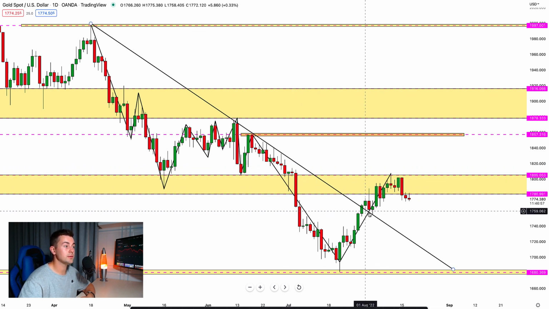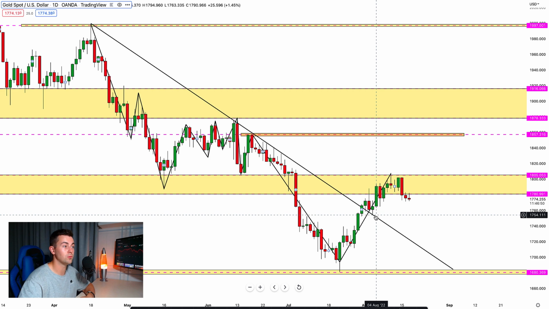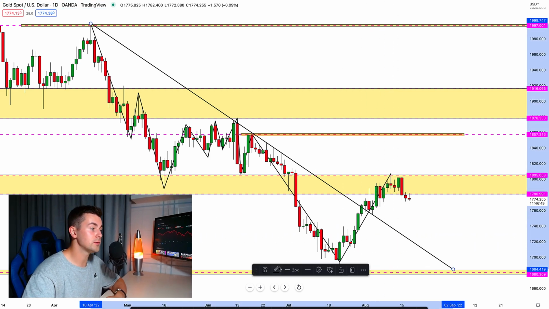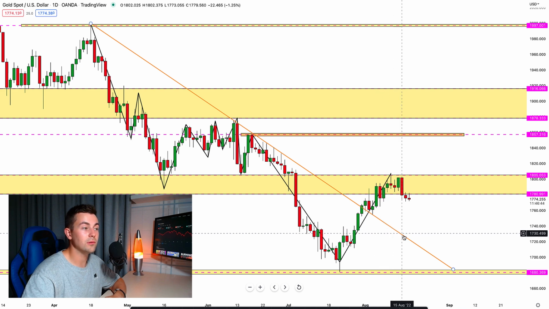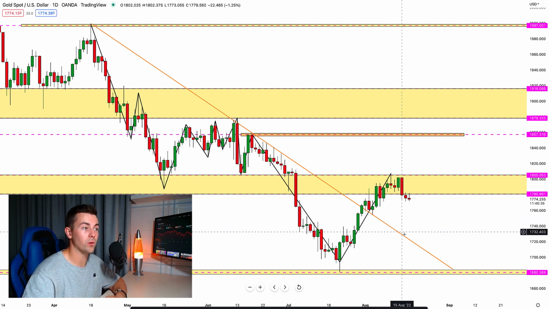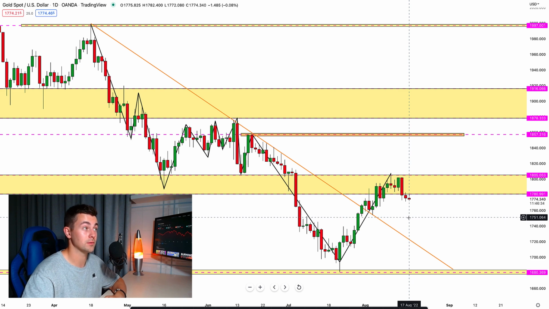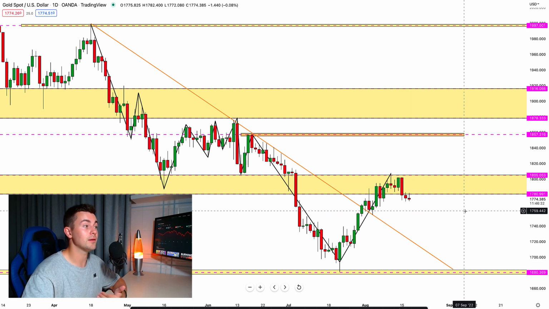You can see that trend line was broken to the upside, and you can see how nicely it turned into support. So I would suggest underlining that trend line and considering it a key vertical support. Yeah, so if the price drops to that, we'll expect a bullish reaction from it. So these are the key levels that we spotted on a daily.